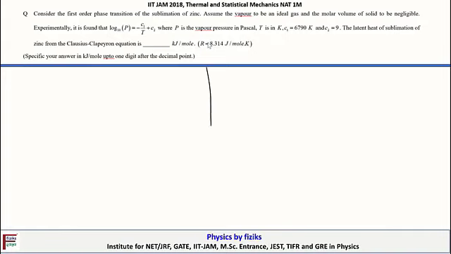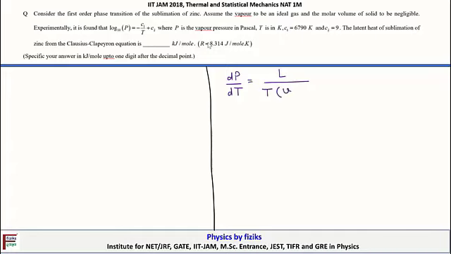So the Clausius-Clapeyron equation for the given situation is given by dP by dT equal to L by T, and then the molar volume.